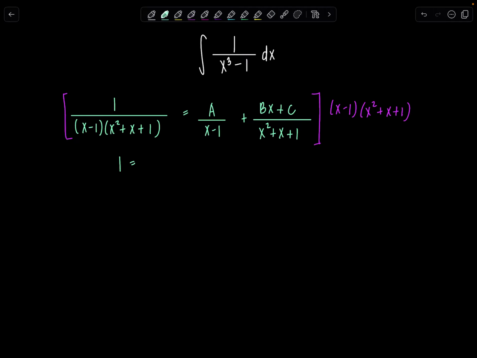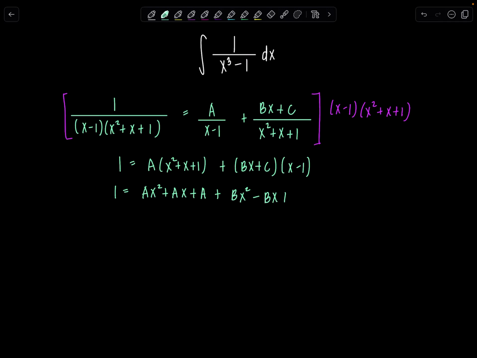And then we're left with 1 equals A times x squared plus x plus 1, plus Bx plus C times x minus 1. All right, I'm going to distribute everything out and then solve for A, B, and C. So this is Ax squared plus Ax plus A plus Bx squared minus Bx plus Cx minus C. Good?